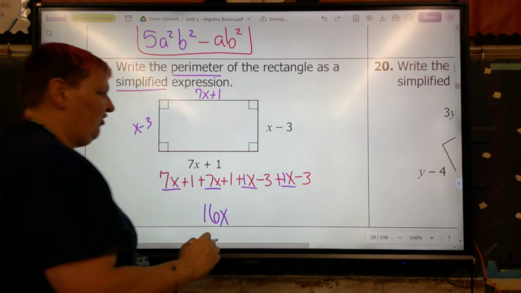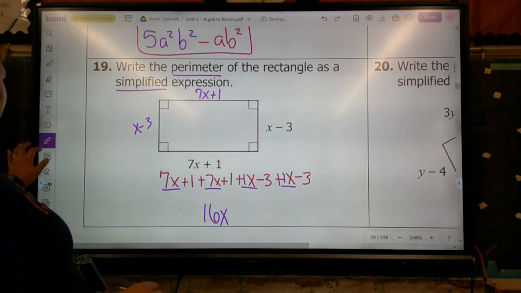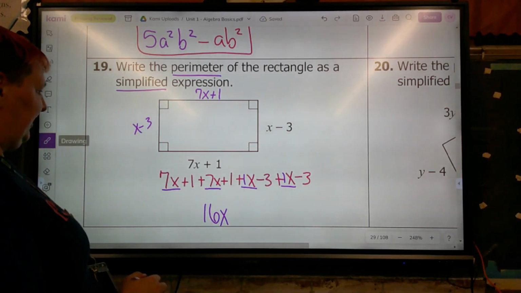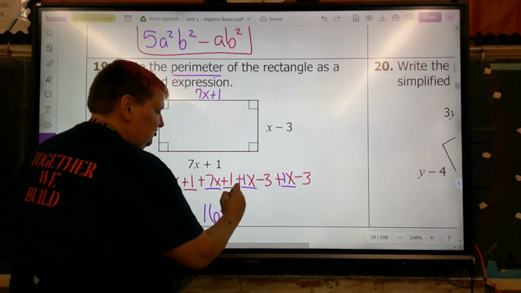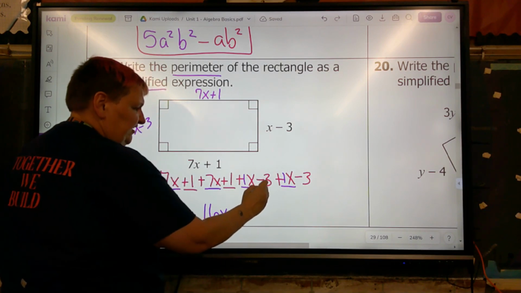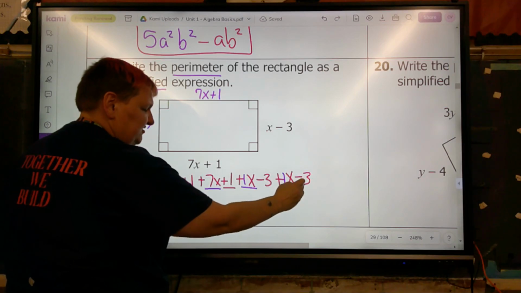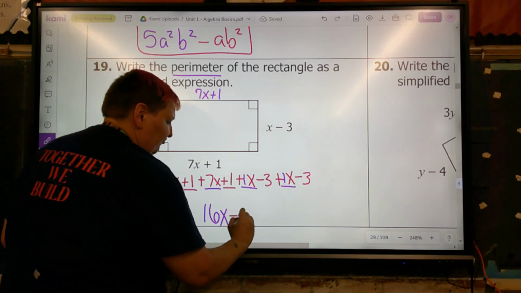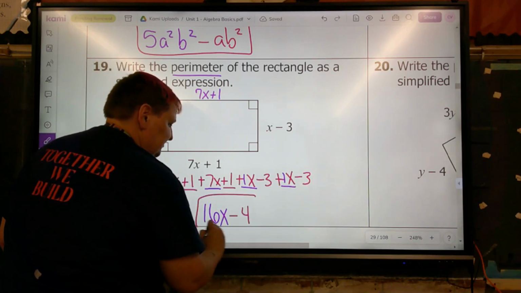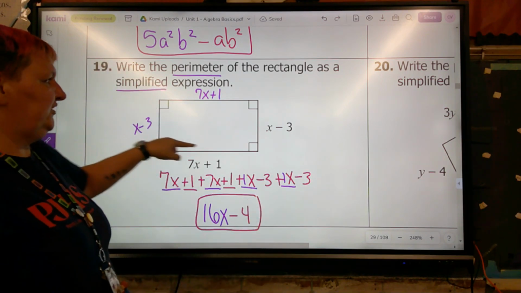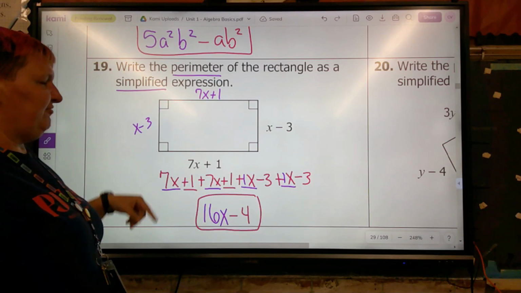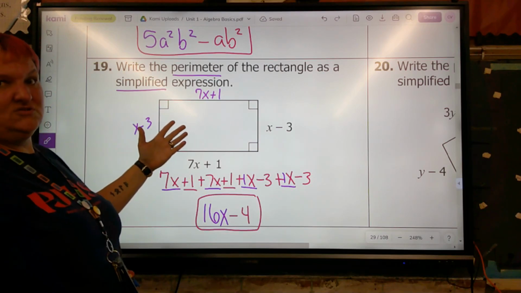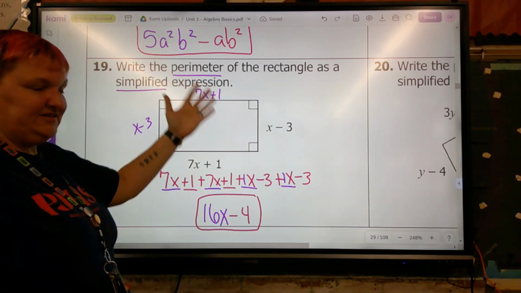All the variables just got combined. And then we have 1, 1, 2 minus 3 is negative 1, minus 3 is negative 4. 16x minus 4 would give you the perimeter of that rectangle. So if you knew what x was, you could find the perimeter based on those values.